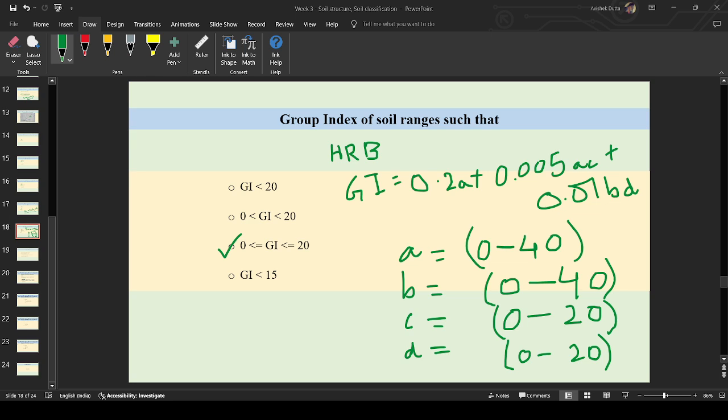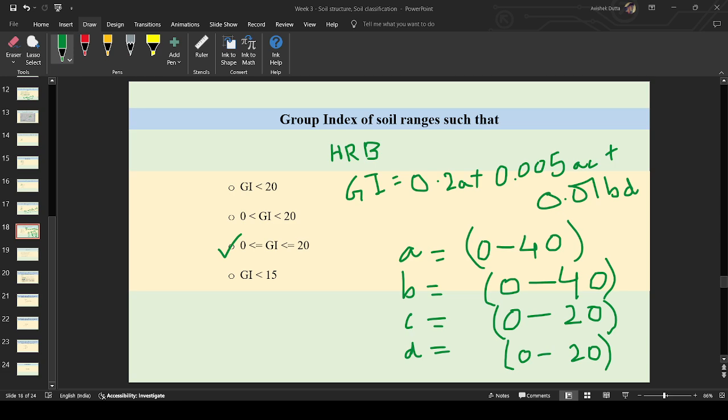That is the percentage of soil passing the 75 micron sieve. For A, we take that percentage as more than 35 and less than 75. In some cases A can be 0 and B can have some value.